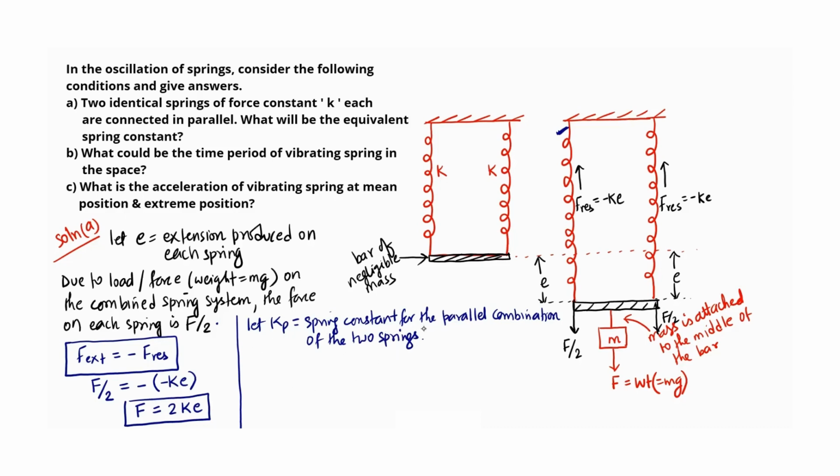Therefore, for the equivalent spring, we can write F equals Kp, the equivalent spring constant, times the extension.